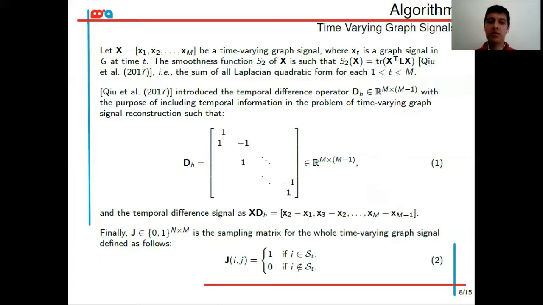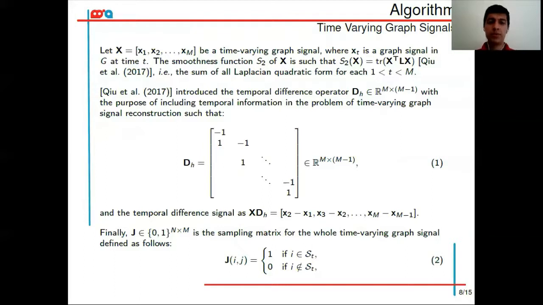We also have another important function: the smoothness of X is the trace of X transpose times the Laplacian times X. This comes from the sum of the Laplacian quadratic forms for each graph signal. The smoothness of a time-varying graph signal is the sum of the Laplacian quadratic form of x1 plus the Laplacian quadratic form of x2, and so on.